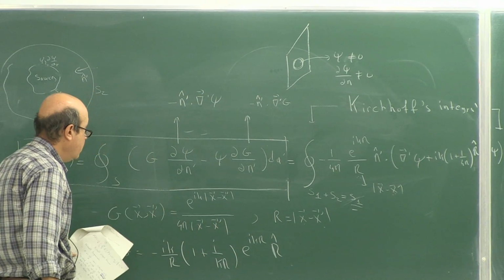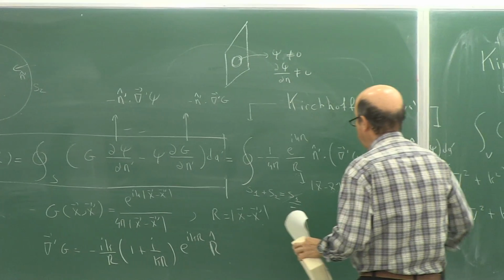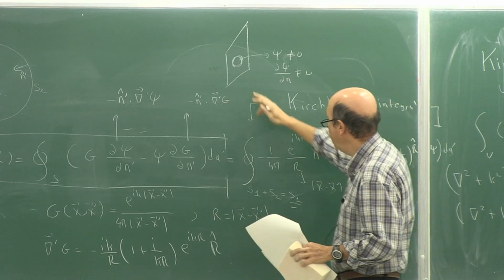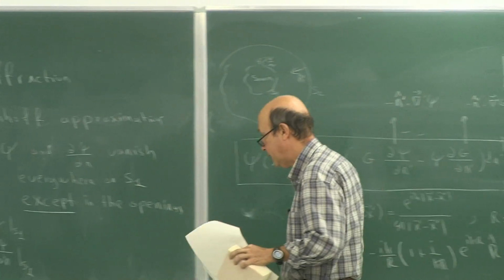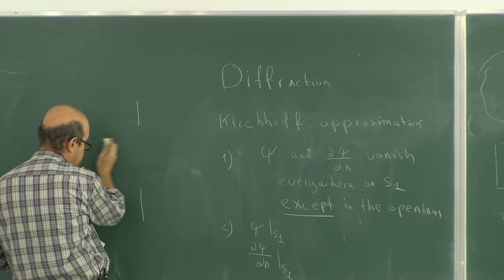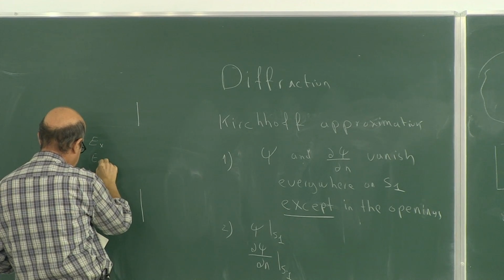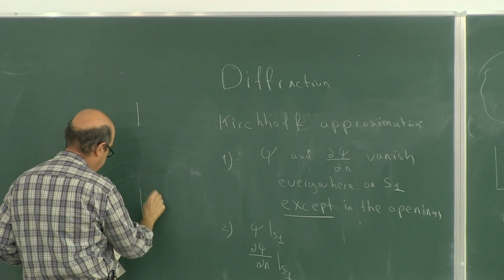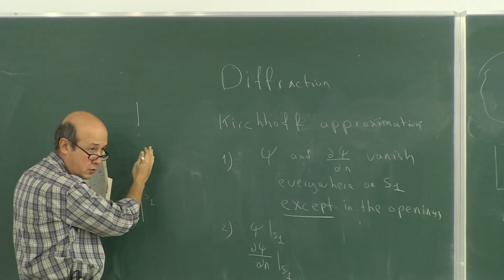If you don't have any obstacle or opening, the value of phi and del phi over del n at the opening should be the same. Nothing has to be changed. Basically, if the electromagnetic wave is coming to the opening, whether the value is Ex, Ey, Ez, whatever, it should be the same at this region S1. They should come and pass through the opening.